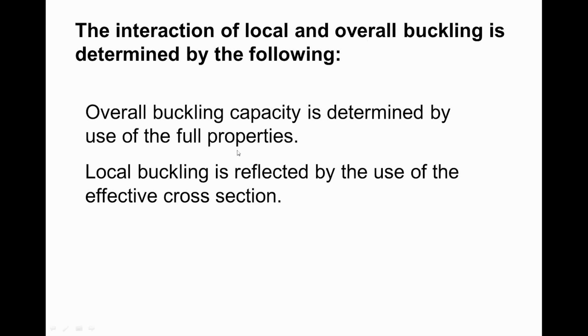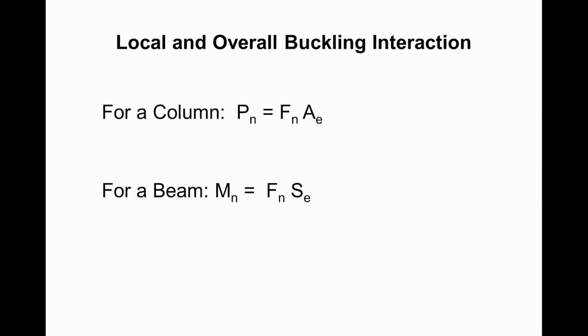So that is why, as I look at the SFIA technical guide, I need those full properties that are tabulated. For local buckling, then, we're going to use an effective cross-section, or that effective width that we talked about a few moments ago. Or in an equation format, that is my nominal stress. That's a maximum stress that I can place on the member, at which point the member will fail.